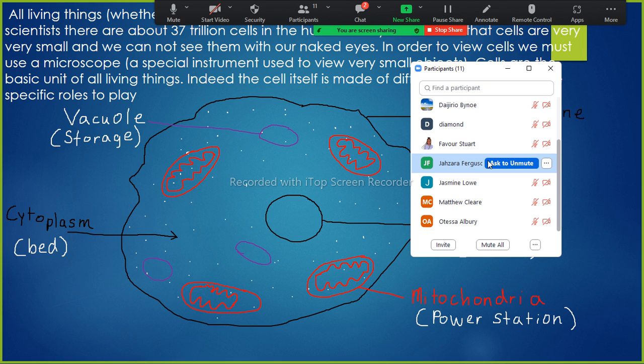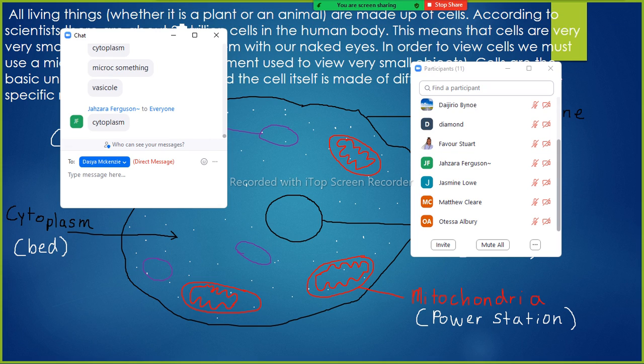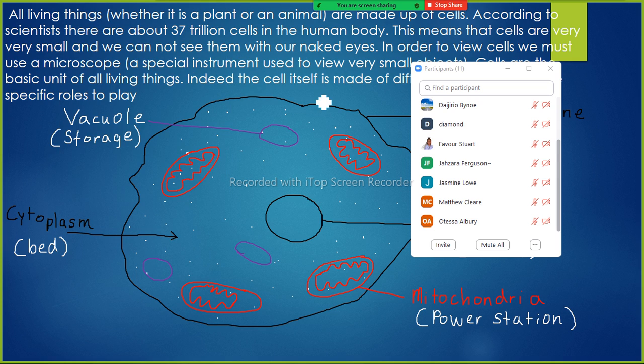Jazaria, are you there? Send a message in the chat. She sent a message in the chat. The cytoplasm. Okay, good. All right, Favor. Which part of the cell functions like a storage place? The vacuole.